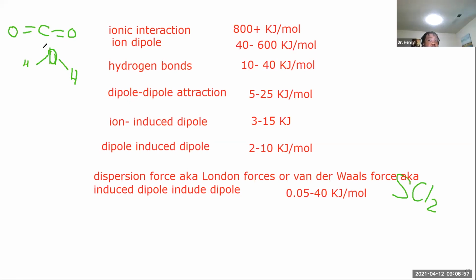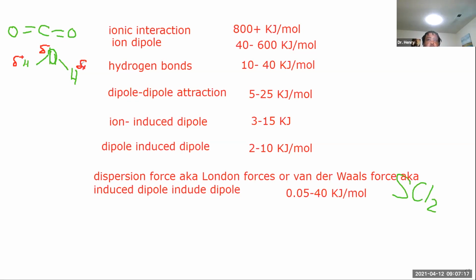But as you were saying, let me put it in a different color, use red. This side is going to be partially negative, and this side is going to be partially positive. So we know that this is a dipole forming here, same thing over here.